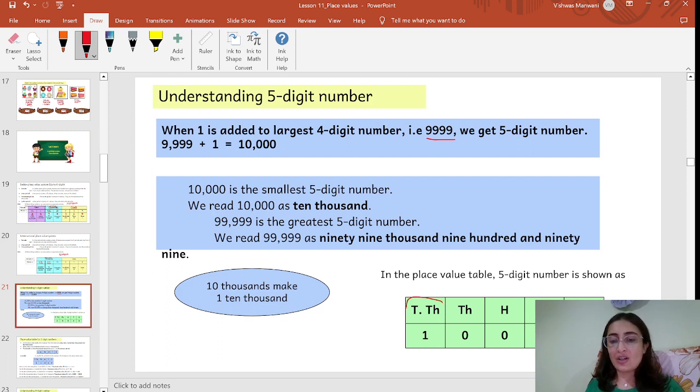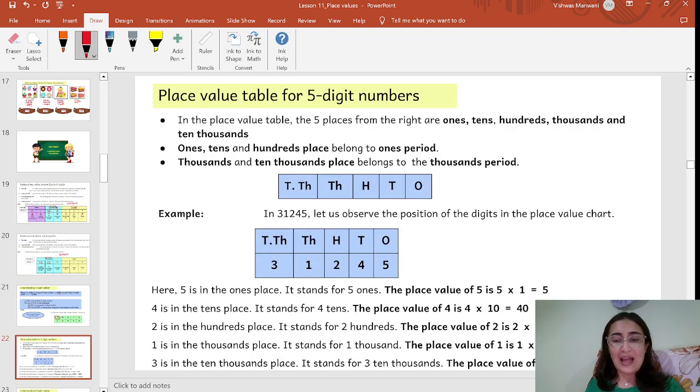As you can see here, after thousands comes the 10,000. If 10,000 is my smallest 5-digit number, then you can very well guess what my largest 5-digit number is going to be. Yes, it is going to be 99,999. Correct.